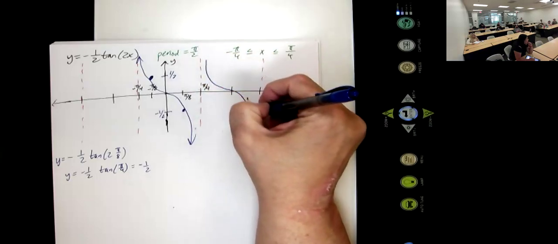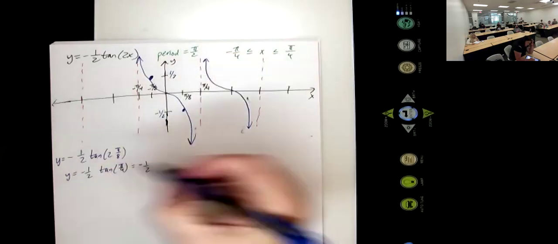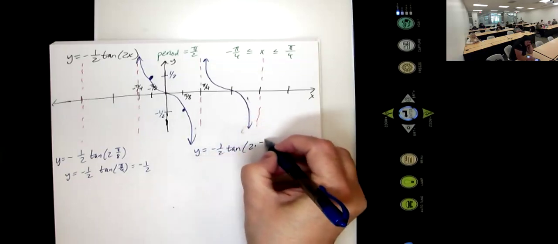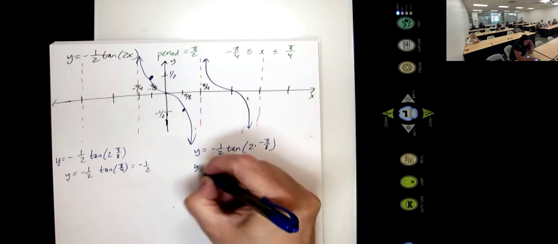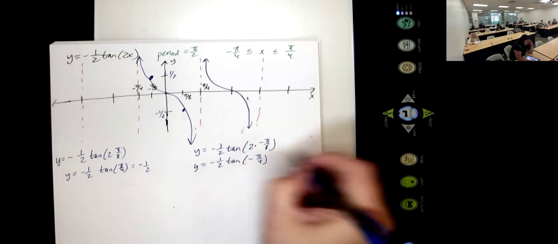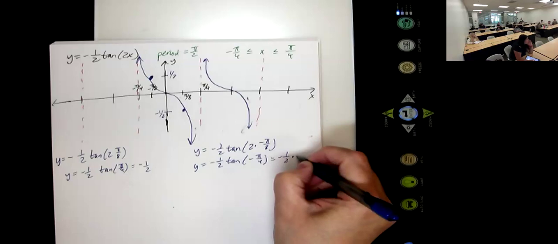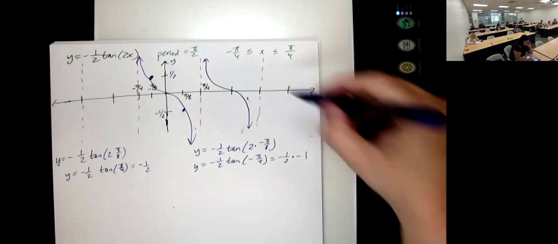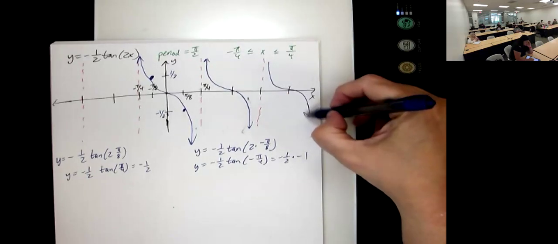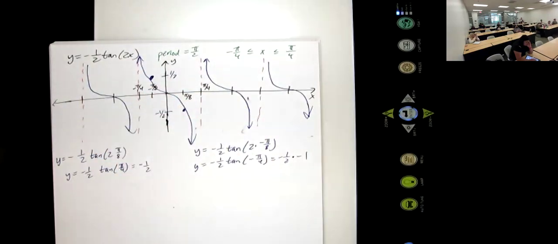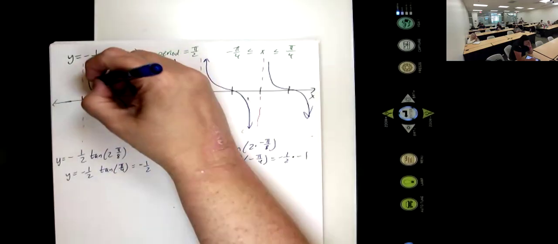We can verify the negative pi over 8 is positive 1/2. It's negative 1/2 times negative 1, which is 1/2, so it should be up above on the left side. That was bad. A little more like that.